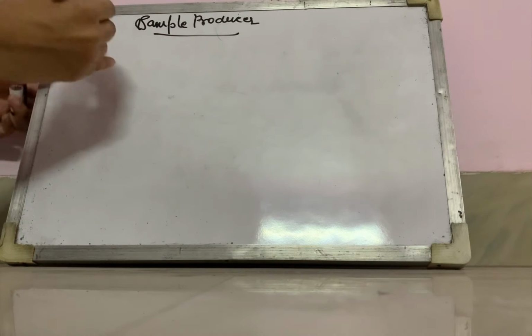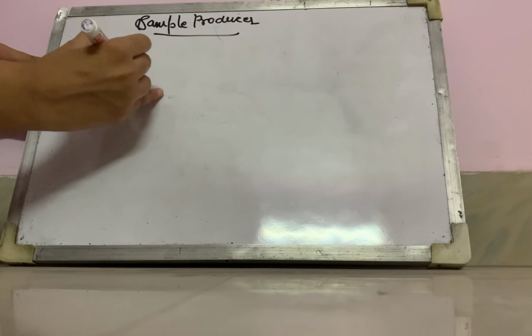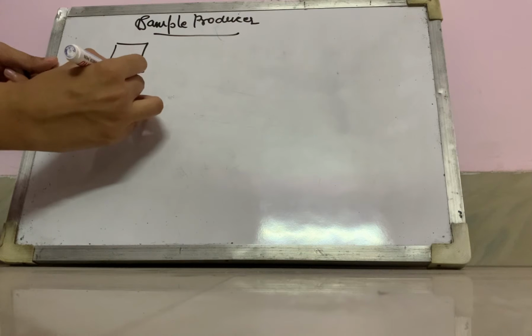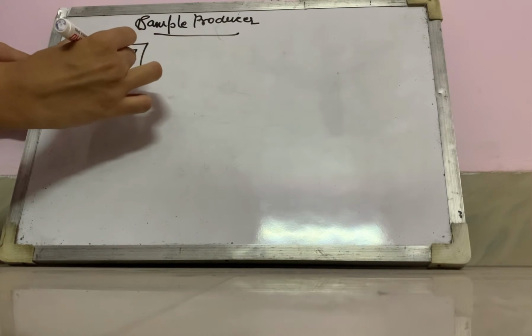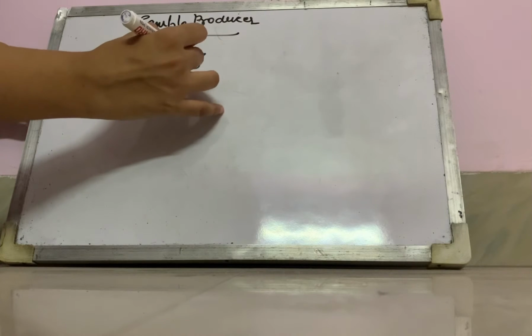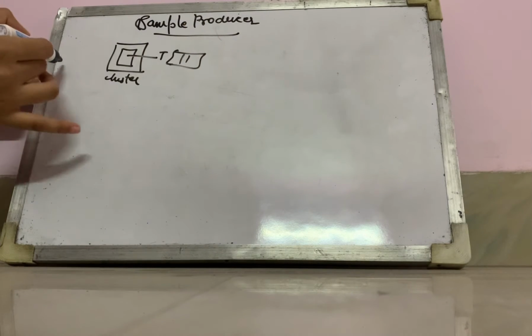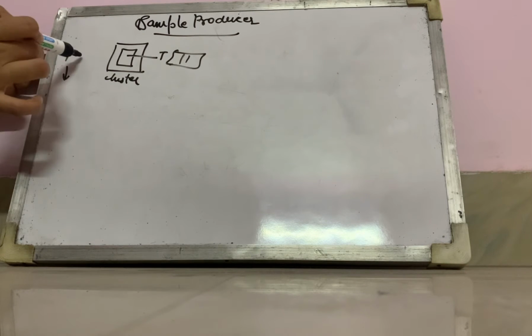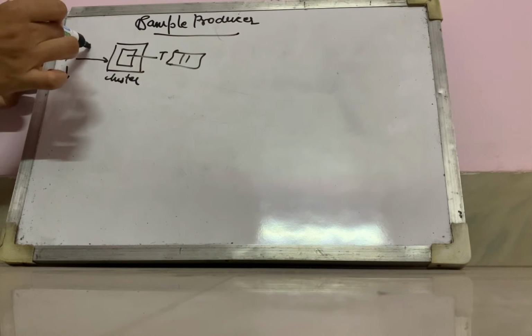So we have understood, if this is our Kafka cluster, and in this we have brokers, and in brokers, in topics, we have partitions. Now our producer, which we are going to write, wants to send some message to this cluster.